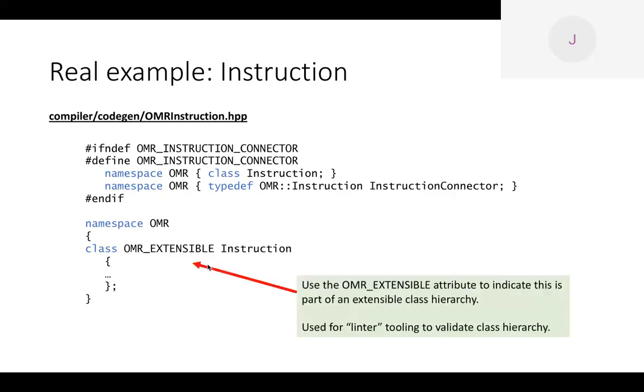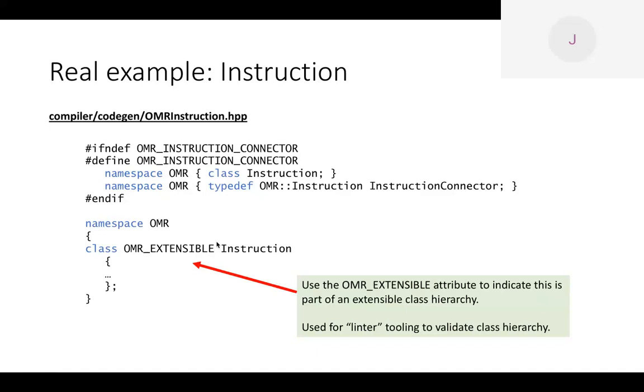Okay. When you define the class itself, the API for the class, as you can see, it lives in the OMR namespace. And we've also defined a special attribute. It's a macro, but it maps to an attribute for most build compilers that describes the fact that this is an extensible class.